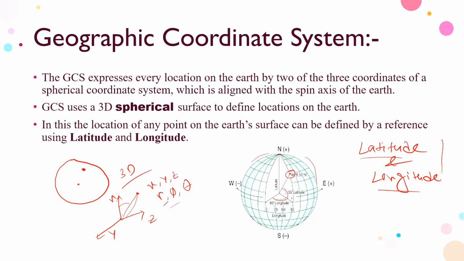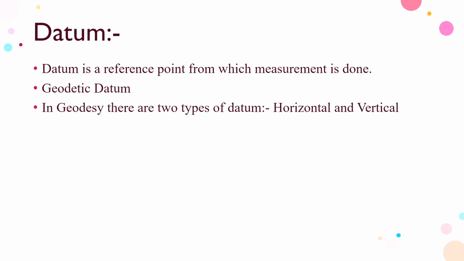Using these latitude and longitude values, we can estimate the location of that point on the Earth's surface, which is known as the geographic coordinate system. Now, datum. Datum is an important component of the geographic coordinate system. Datum is a reference point from which measurement is done.